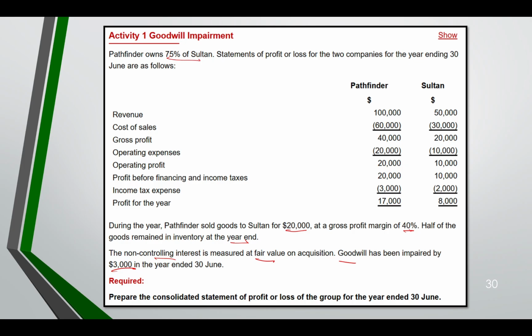So now you know NCI at fair value means this goodwill impairment of 3,000 will be allocated among the NCI and the parent. And unrealized profit will be half of what is sold. If you take 40% of this, that is your profit, and half of it is your unrealized profit that you will eliminate. So these are the two major transactions. You are supposed to prepare the consolidated statement of profit and loss. So now let us do this on Excel.